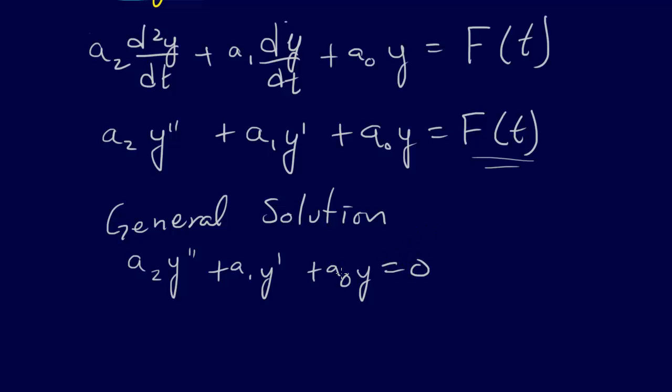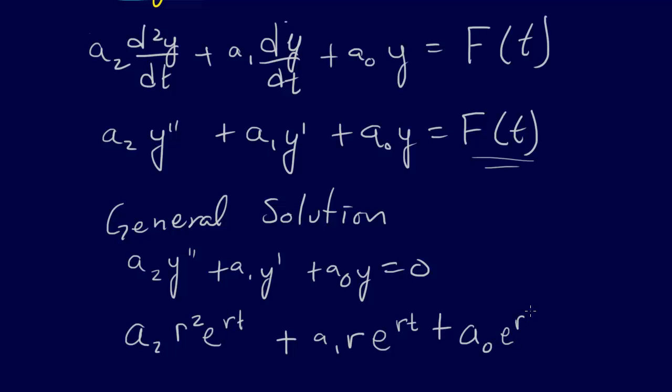When we find the solution to this, the solution is going to be a2 r squared e to the rt plus a1 r e to the rt plus a naught e to the rt equals 0, where r is a root.